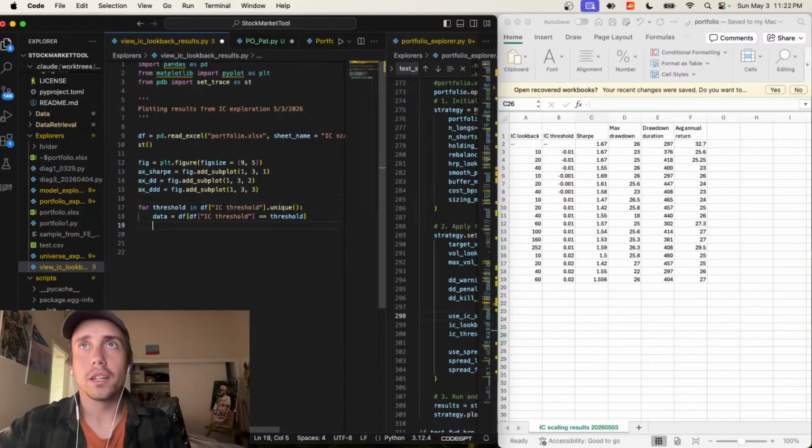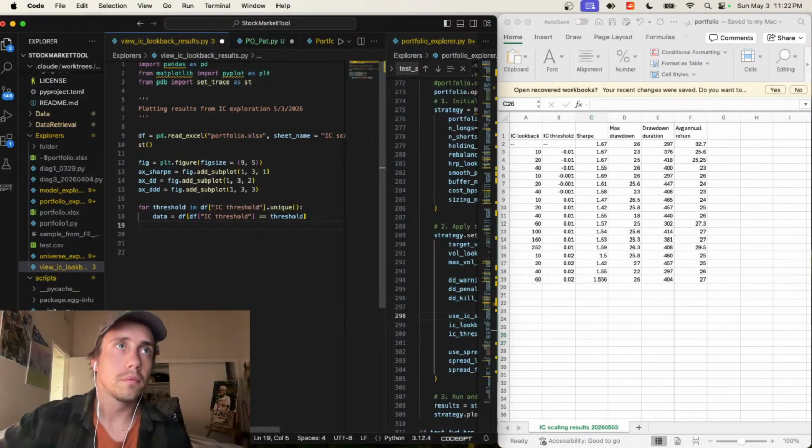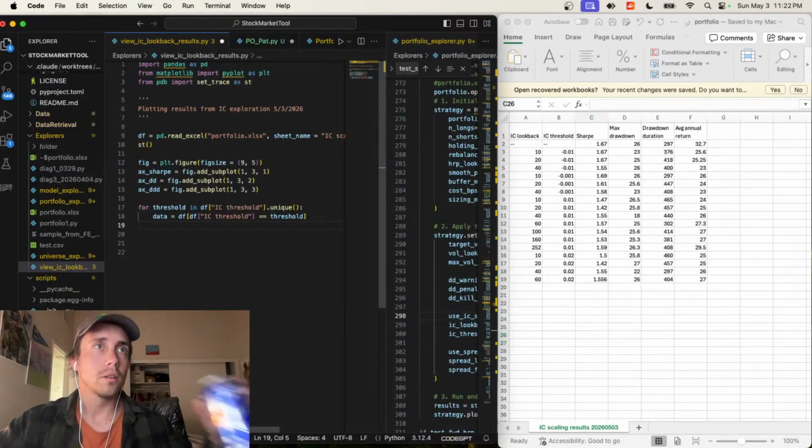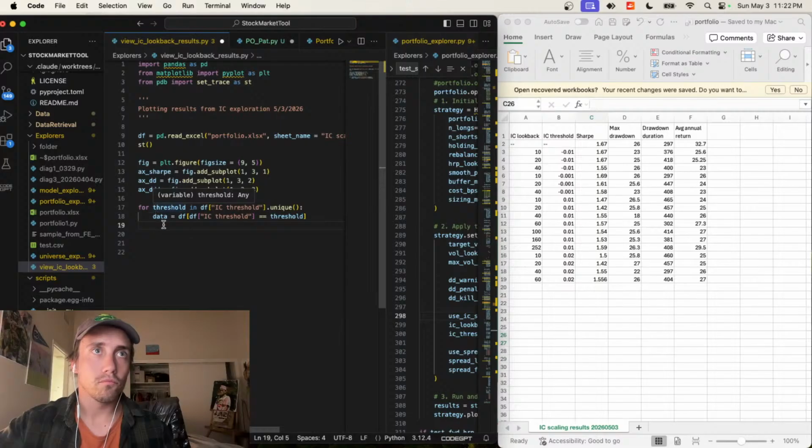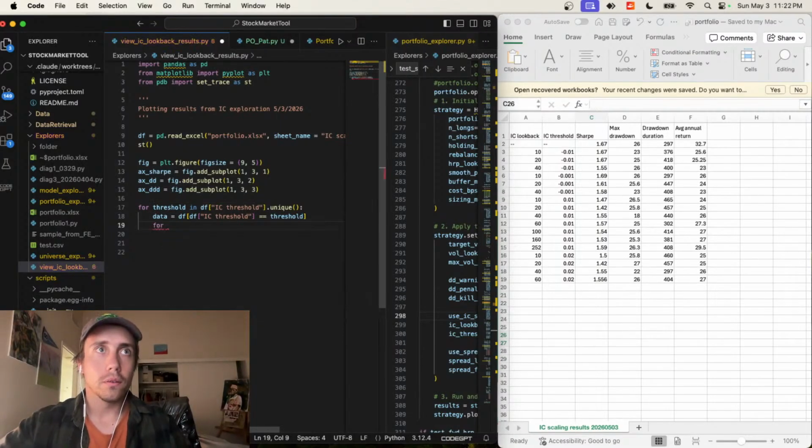Then we're going to get the data for the threshold. Let's see, we want to iterate through the rows.